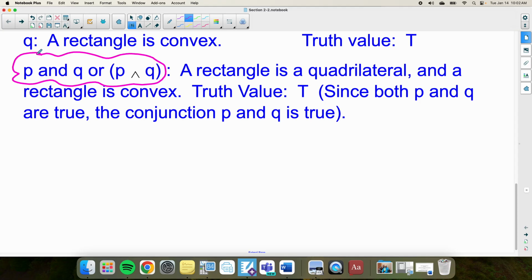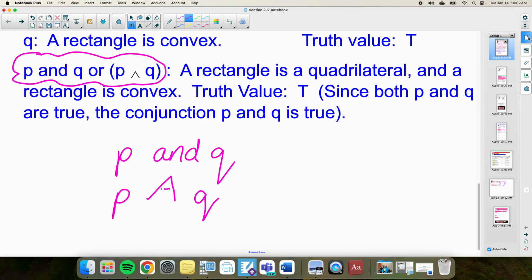They're going to either say to do P and Q, which just means write out P, put the word and, write out Q. Or the symbol for and looks like this. Okay, I kind of think of it, since it's a symbol for and, as kind of like a capital A. But it's an up arrow like that, okay?